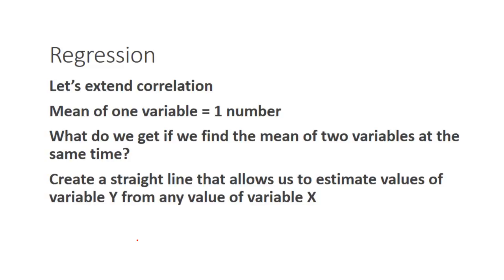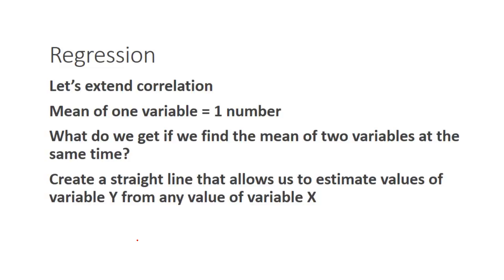If we have a whole slew of numbers, and we take the mean, we get a single number. If we take two sets of numbers and we find their mean together, what we get is a straight line that is the mean of those two numbers. I know, it's kind of great philosophy and statistics wrapped up in one.